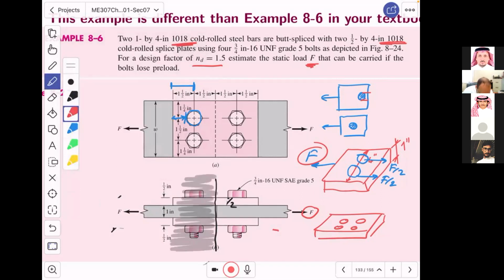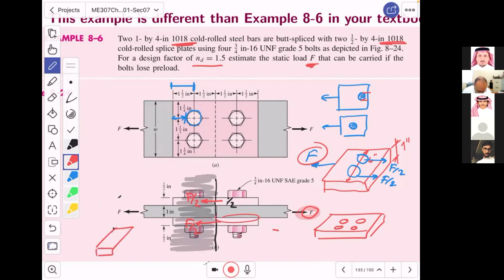So what happened is that this F is going to be transformed into F over 2 and F over 2. If you look at the slice in the bottom, F over 2 with one slice, this slice is small, its thickness is 1 over 2, and it has how many? 2 bolts.